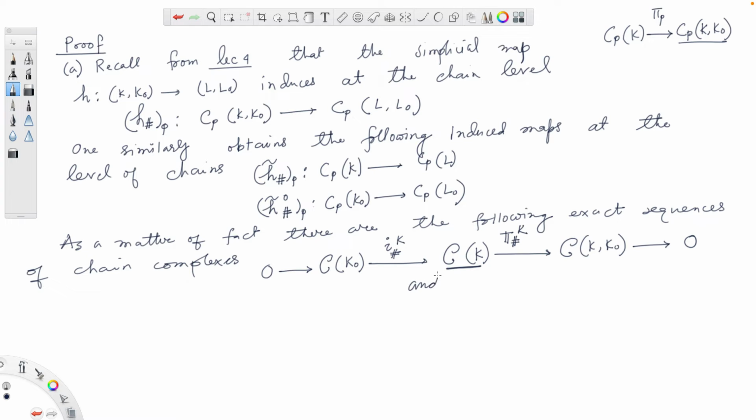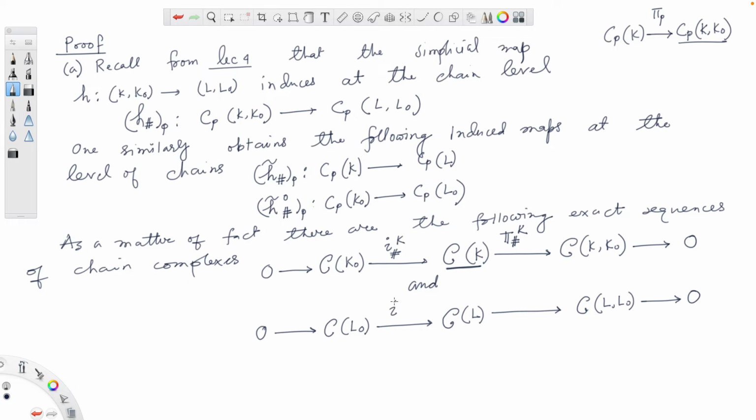Similarly, associated with the simplicial complex L, we can write down a short exact sequence of chain complexes, which is 0, the trivial chain complex, to the chain complex C of L0, to the chain complex C of L, to the chain complex C of L, L0, and back to the trivial chain complex 0.